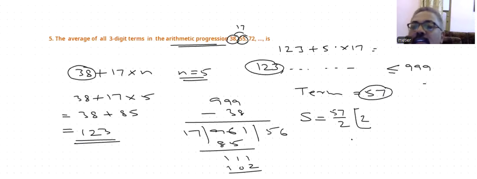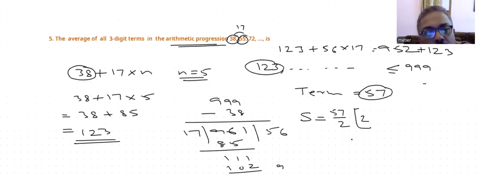56 into 17. How much are we extra here? We are having 9 extra here. So that number will be 952. So 952 plus 123 will be the term. So what we are getting here: 123 originally is there, and another part we are getting is 952 plus 123.